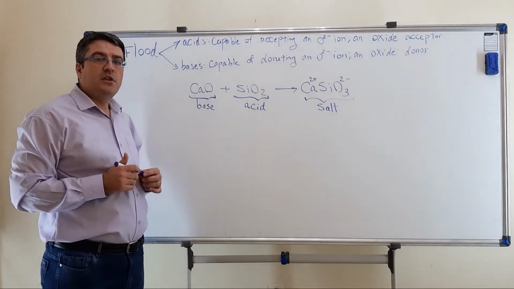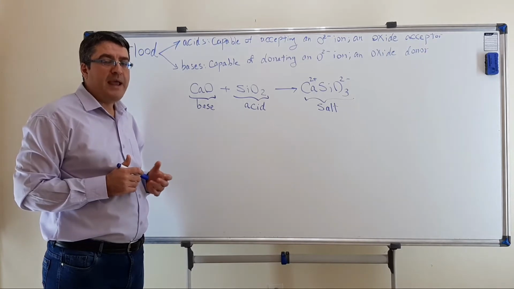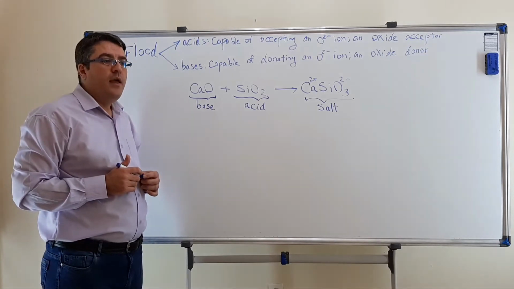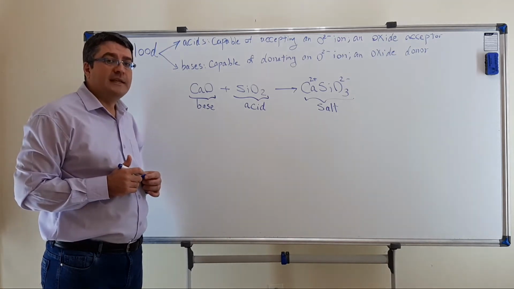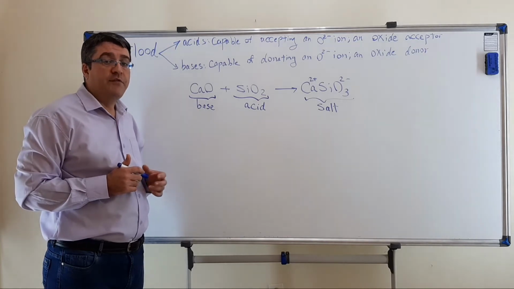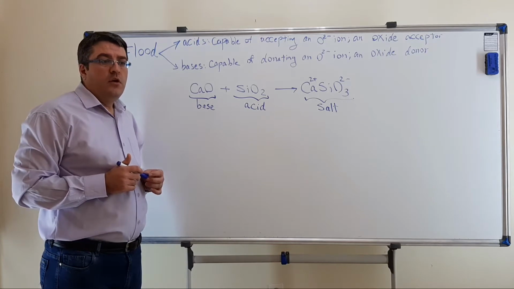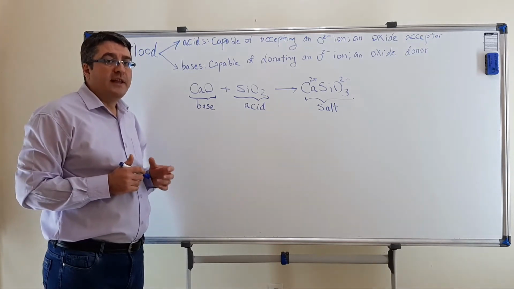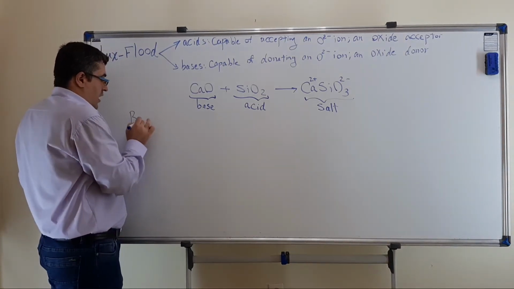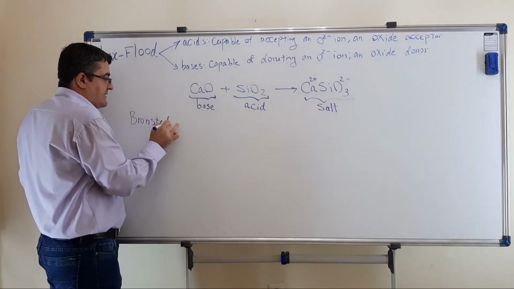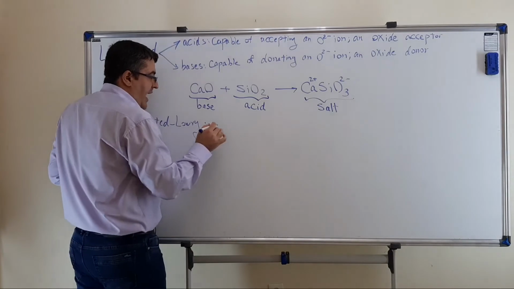Based on the Brønsted-Lowry acid-base theory, an acid is a proton donor, a base is a proton acceptor, and we can consider conjugate acid-base pairs where a conjugate acid and a conjugate base are converted to each other by adding or removing a proton, or protonation and deprotonation. So based on the Brønsted-Lowry acid-base theory, we can consider reactions like this.